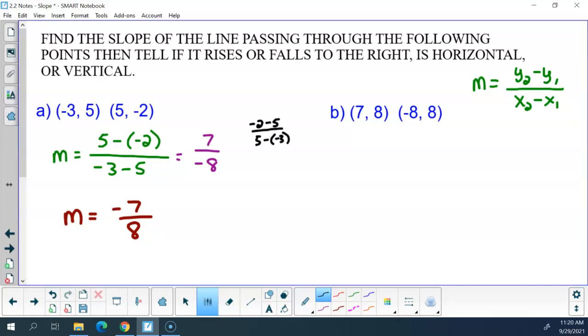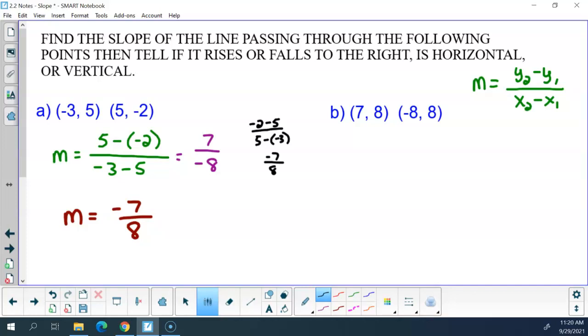Negative 2 minus 5 is negative 7. 5 minus negative 3 is 8. Those 2, black and purple, are the exact same fraction. Negative 7 over 8. Doesn't matter which order you go in. 5 minus negative is like 5 plus, all day.